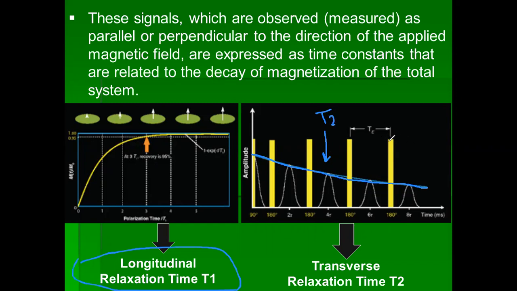The distance between the successive pulses is called the T echo, or TE, here. So these are the two characteristic time constants obtained by the NMR.